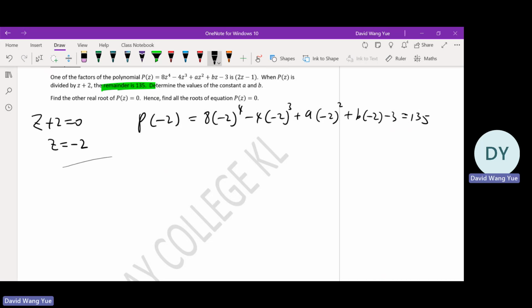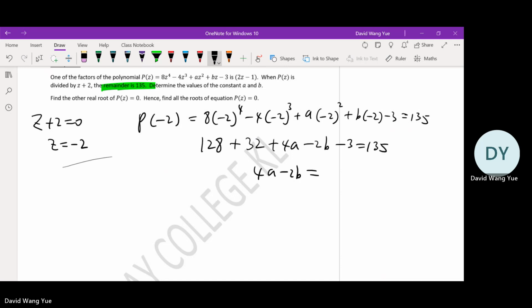From here, we'll get an equation of A and B. First equation.